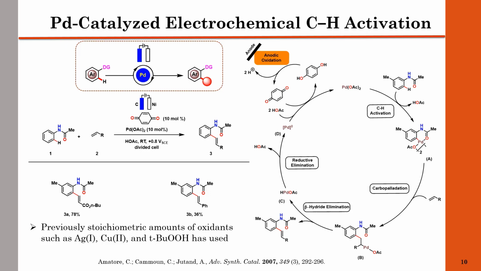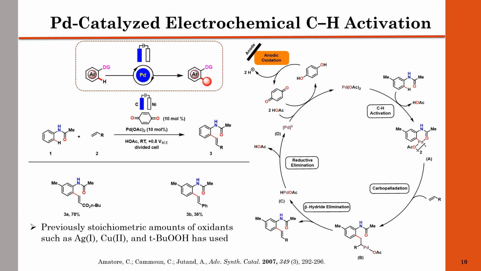Then our second substrate comes in and there is insertion, and then with beta hydride elimination we get our desired product. Then we have reductive elimination to give a palladium 0 species.